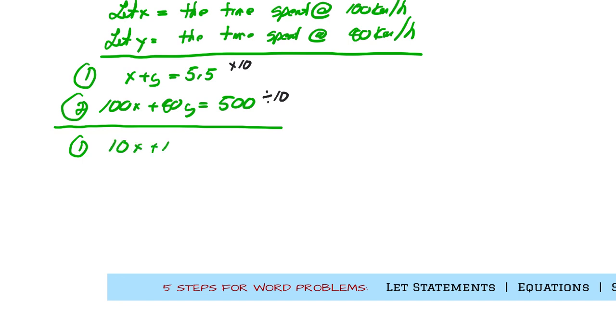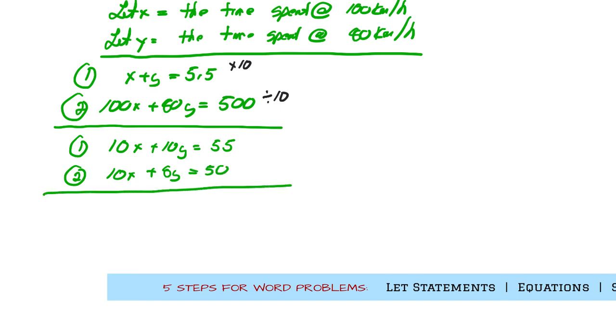Other people will feel differently, and your brain will, of course, tell you what will be easiest for you. So now divide by 10, I'm going to get 10x plus 8y equals 50. And that works out pretty well for me, because now I know that I can use elimination, by subtracting one for the other, and I'll get 2y equals 5, and y equals 2.5.